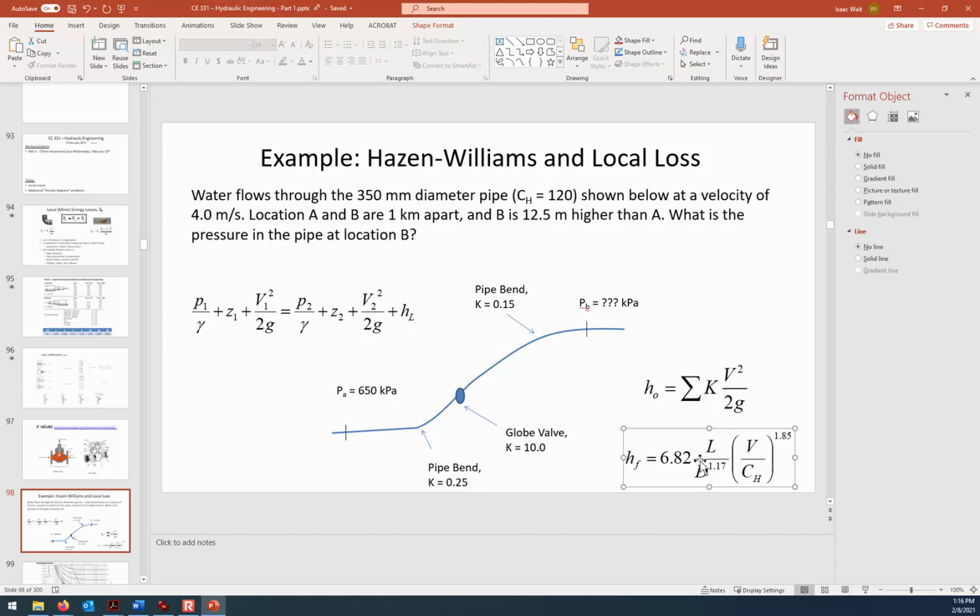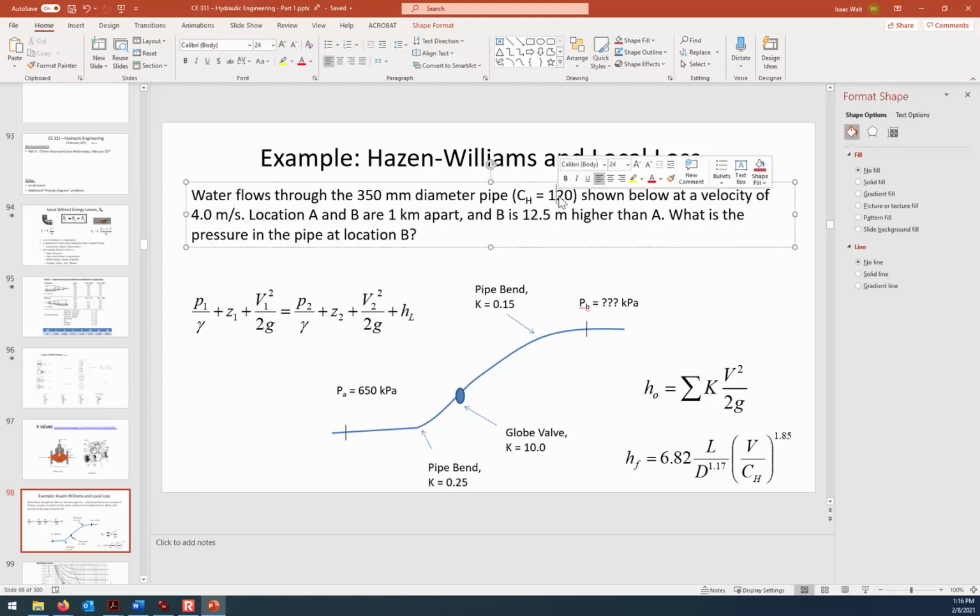That speeds things up, right, when we can just use the C value for the pipe directly and not have to bother estimating the f value. Less accurate, but easier. So 350 millimeter diameter pipe, velocity is 4 meters per second.